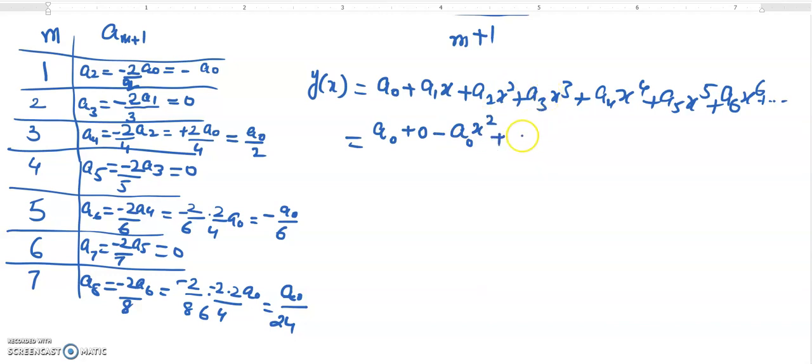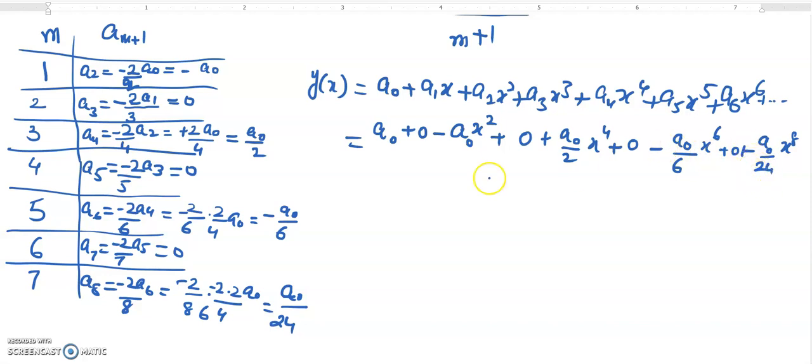And then this term is 0, and then the next term is A4. A4 is A naught over 2, so plus A naught over 2 x4, and then the next term is 0, and then this term is minus A naught over 6 x6. Okay, and then the next term will be 0, and then the term with x power 8 will be plus A naught over 24.